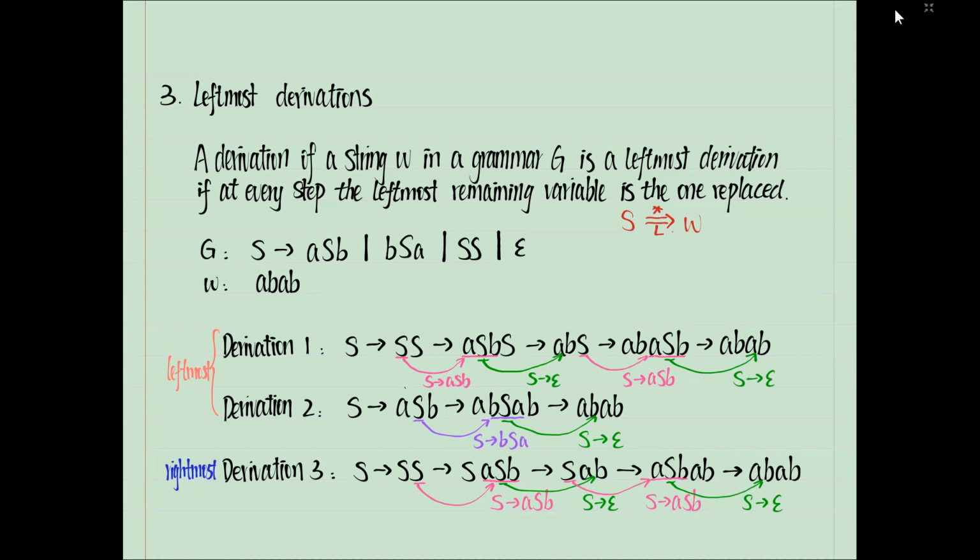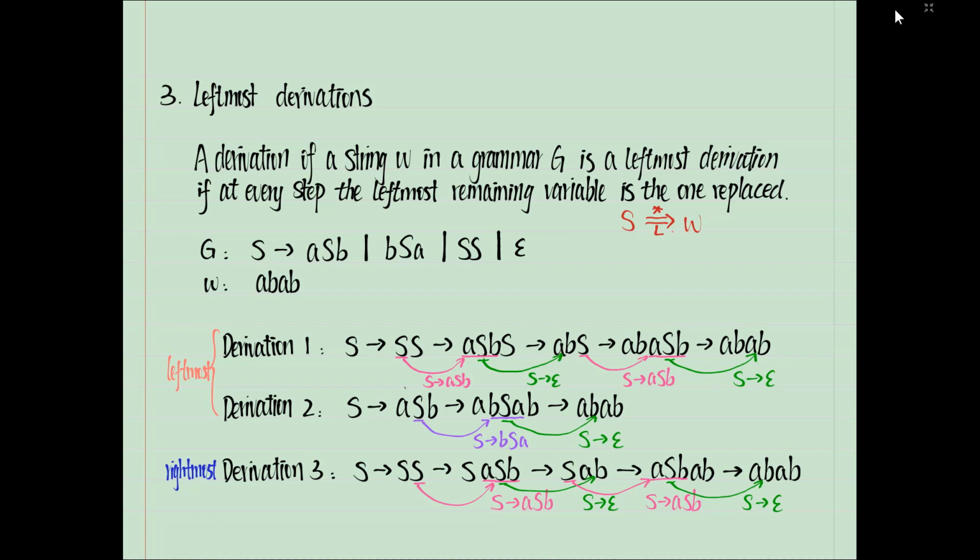Now let's see the third one, which is the rightmost derivation. Similarly, if a derivation of a string W is rightmost, it means at every step of the derivation, the rightmost remaining variable is the one expanded. Let's check that.